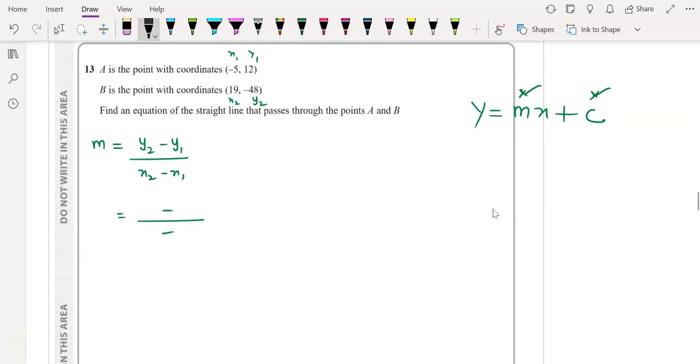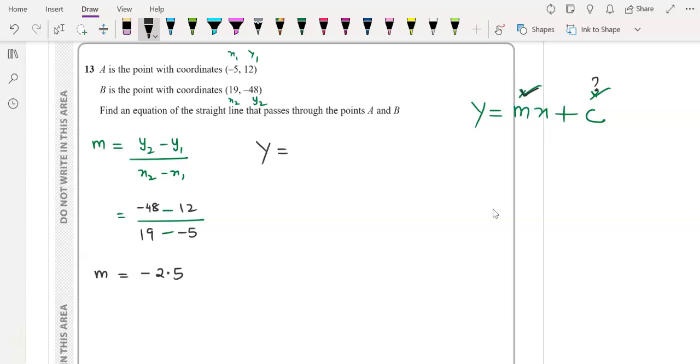Okay, so plug in the values. y2 is -48 minus y1 is 12, and x2 is 19 minus x1 is -5. So you put this in the calculator, you will get the slope is -2.5.